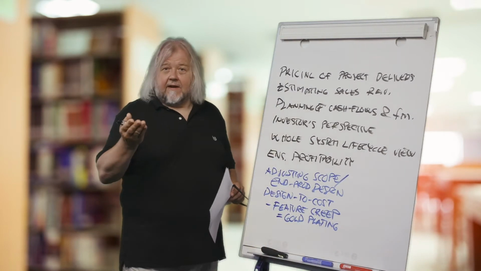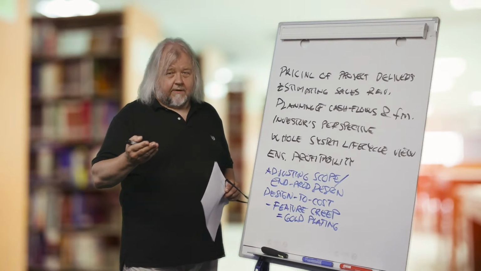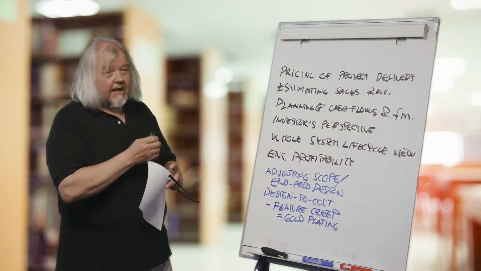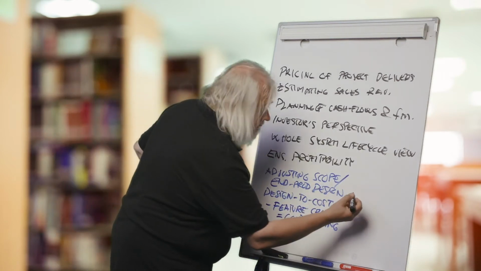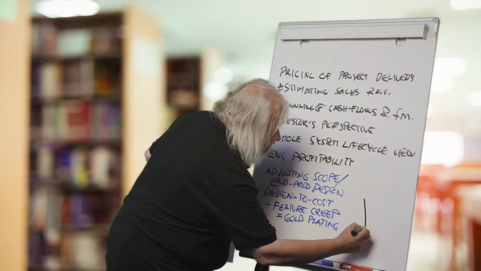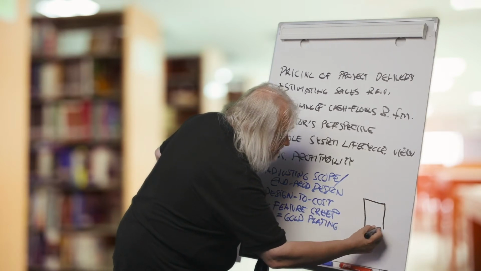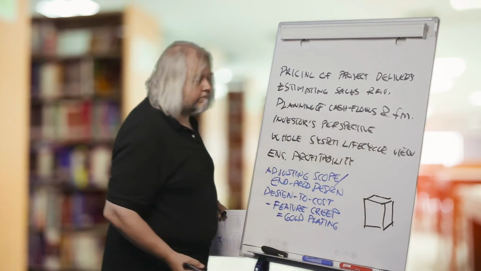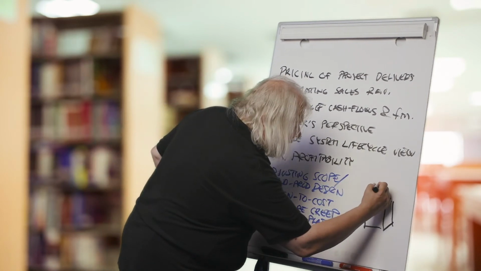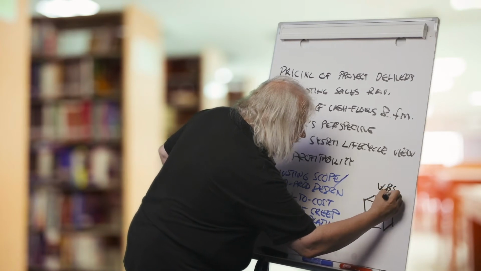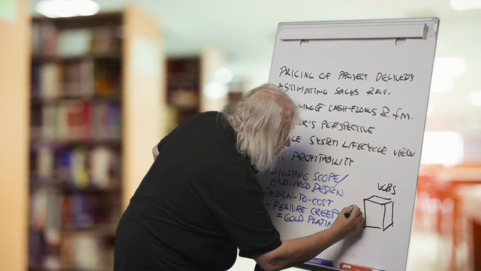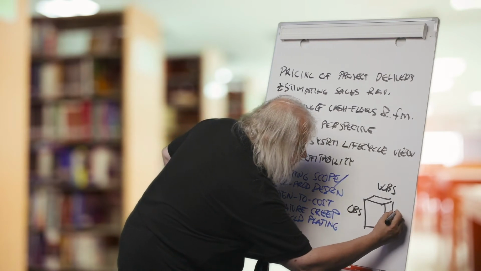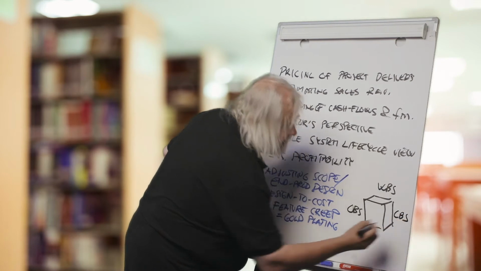It doesn't necessarily lead to better accuracy even. As an example, we have this cost cube that I presented just like this. We have a work breakdown structure, an organizational breakdown structure, and then this cost breakdown structure.